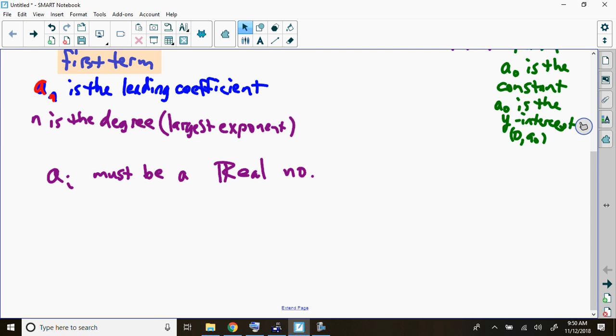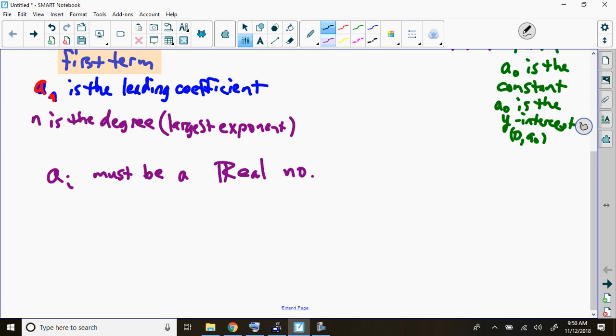So what I'm trying to say is all the coefficients, whether it's a coefficient of a quadratic term, whether it's a coefficient of a 15th degree term, the coefficients have to be real numbers. Whether it's the constant, it has to be a real number. It could be pi, it could be irrational, but it has to be real.